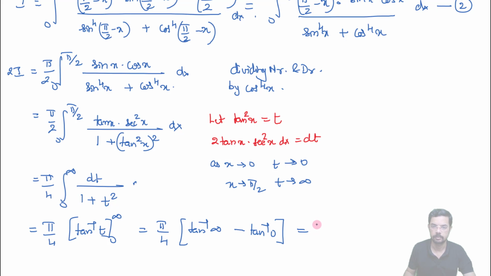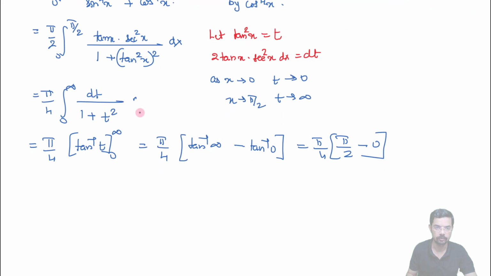So this will be pi by 4 into, what is tan inverse infinity? Tan becomes infinity at pi by 2, so it is pi by 2, and tan becomes 0 at 0, so minus 0. So it is pi square by 8.